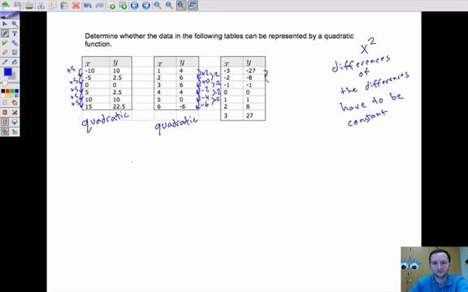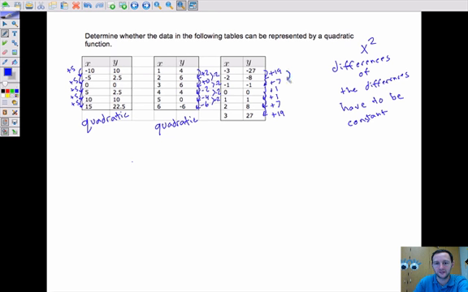The next one, the difference here is plus 19, plus 7, plus 1, plus 1, plus 7, and plus 19. And the x's are all going up by 1s.